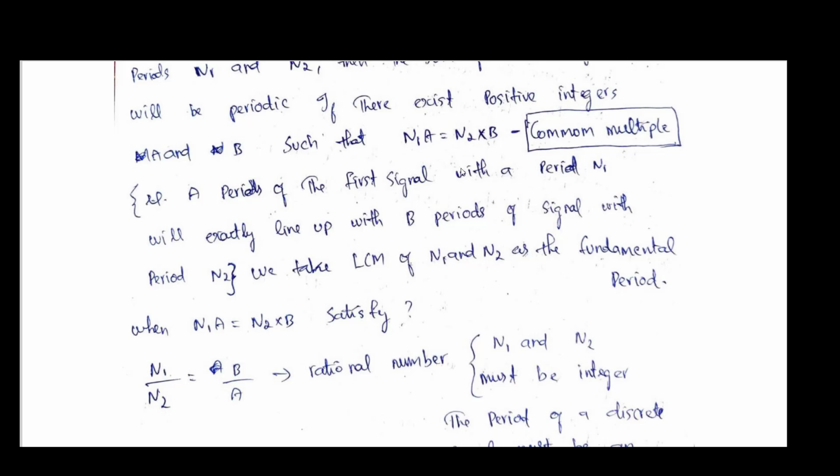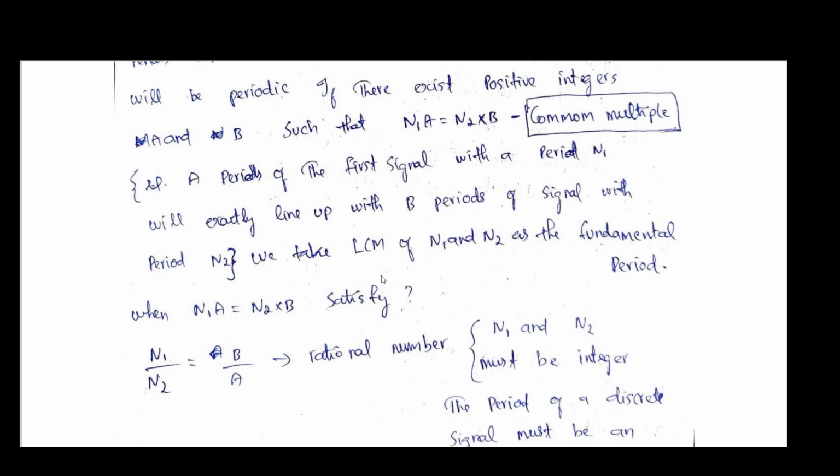If you are doing the problem, you can see that there can be many a and b values that satisfy the equation. In order to find the fundamental period, we don't have to take all those a and b values. From many values of a and b, we will take only the particular value where we get the LCM of n1 and n2.